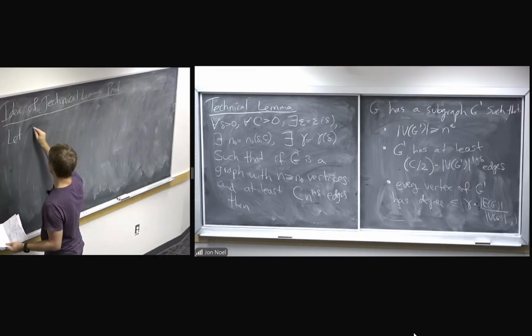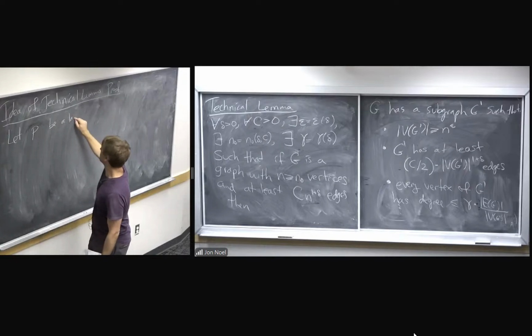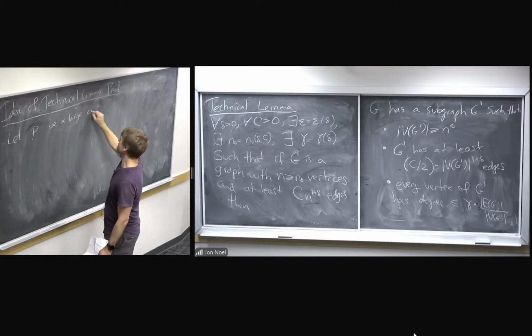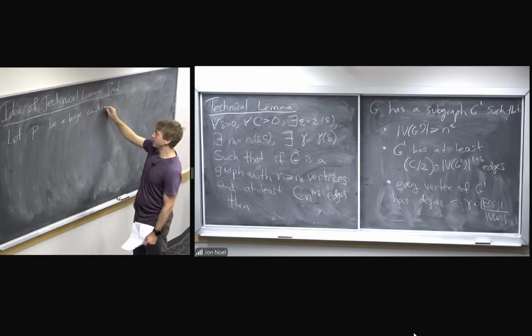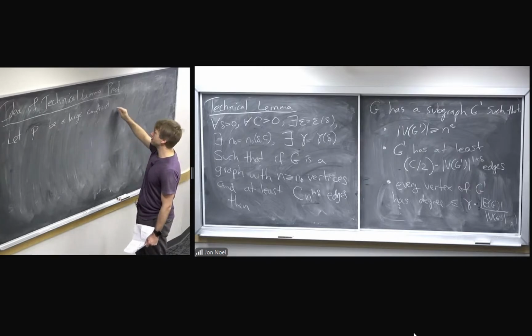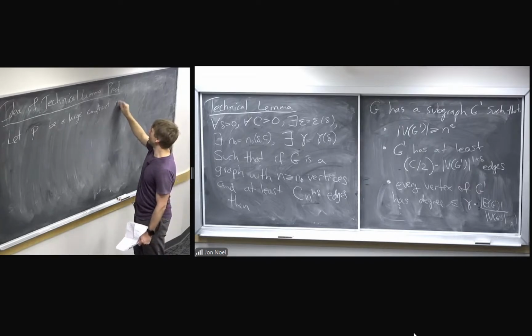So here's the idea. Let p be a large constant, depending on delta. This is going to be nowhere near a proof, but there is a proof in the notes.